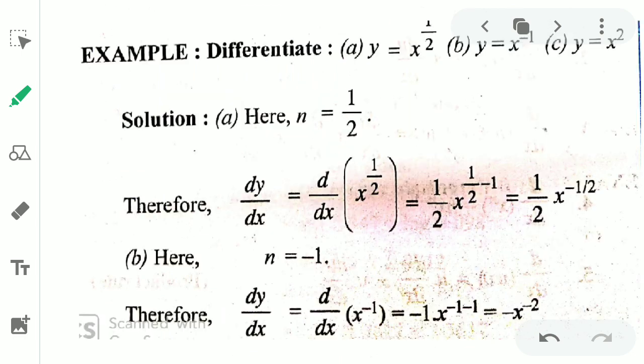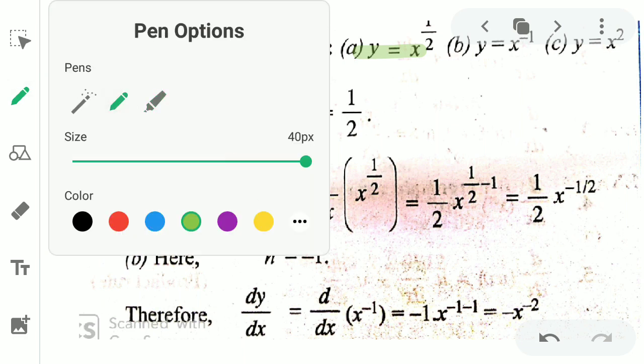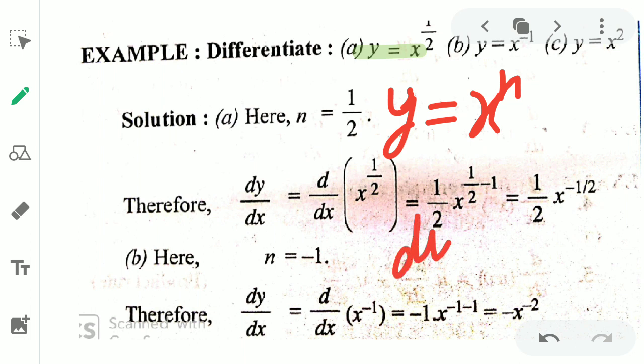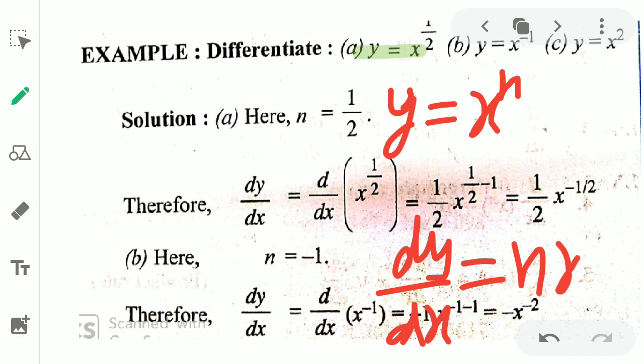So next, another derivative form, the power rule. First example, y equal to x to the power 1 by 2. We already discussed that y equal to x to the power n, and the derivative of y equal to x to the power n, that is dy by dx, will be equal to n x to the power n minus 1.